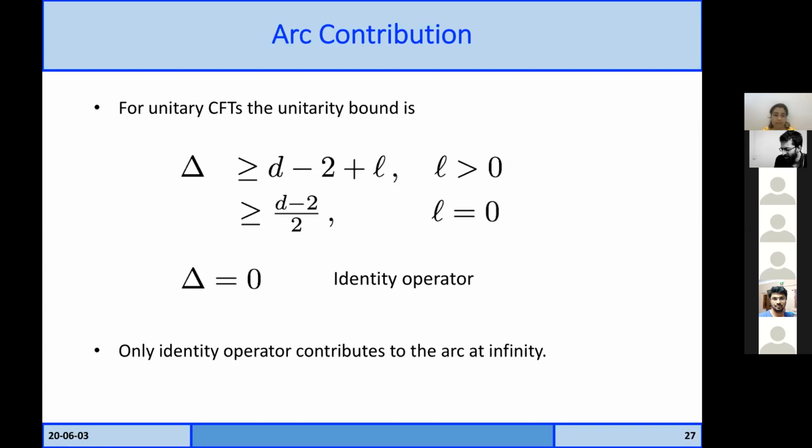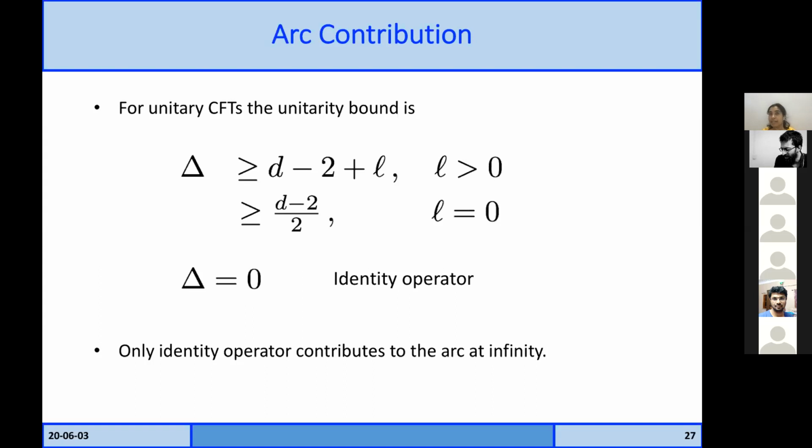So otherwise, given a particular theory, even if it does not satisfy this bound, we can just take into account all the operators which contribute to the arc at infinity and proceed, right? Yeah, but the point is that if there are an infinite number of operators that contribute to the arc, then you have to see whether the dispersion relation is useful or not, because the goal is to compute the correlation function in a similar way.